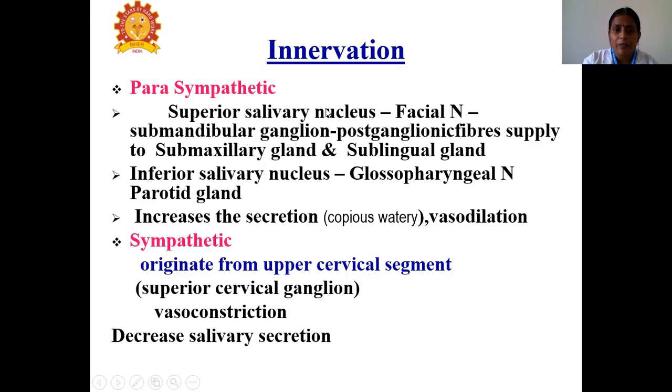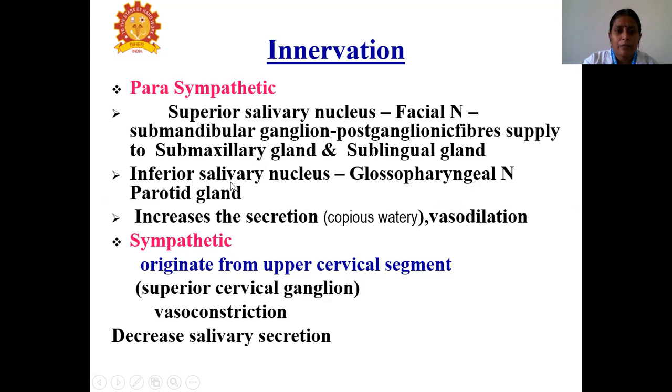The preganglionic fibers arise from the superior salivary nucleus via the chorda tympani branch of the facial nerve and reach the submandibular ganglion. From the submandibular ganglion, the postganglionic nerve fibers arise and supply the submaxillary gland and sublingual gland.